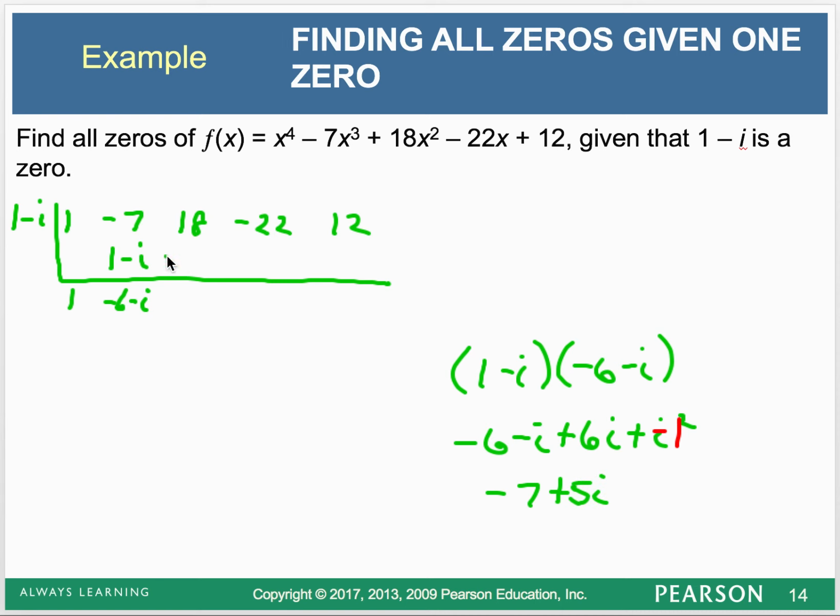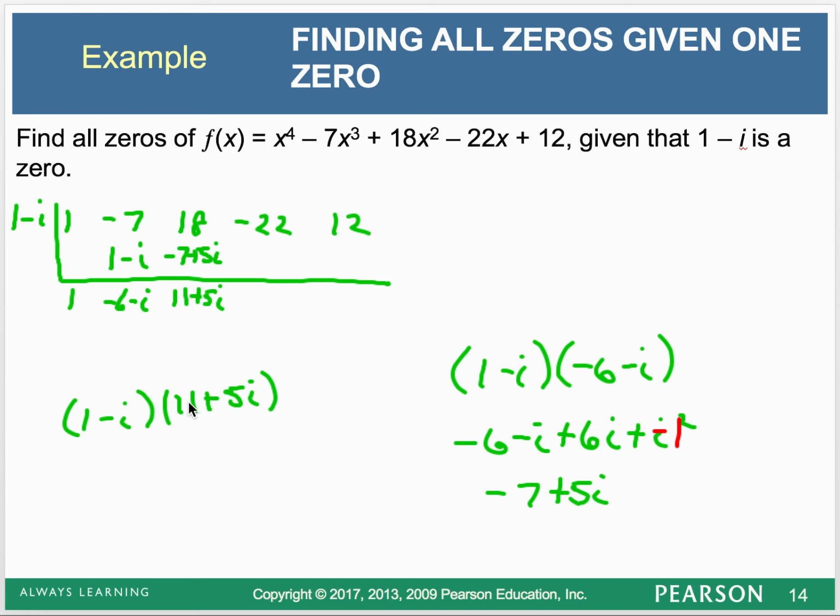Okay, so that's going to go up here. I didn't really leave myself enough room for this kind of problem, did I? 18 minus 7 is 11 plus 5i.